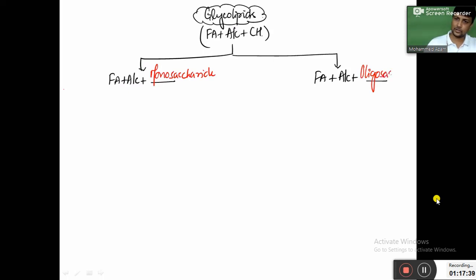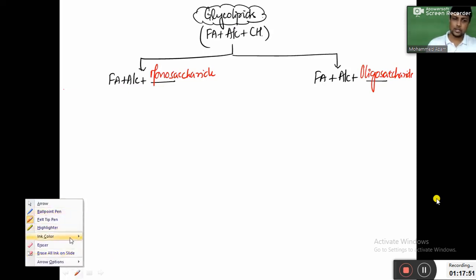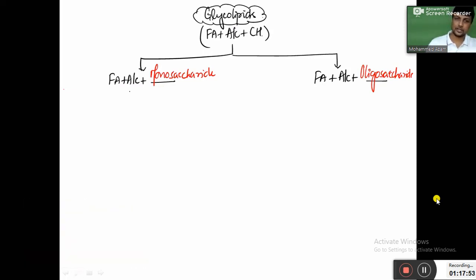Sometimes the carbohydrate will be monosaccharide, and sometimes the carbohydrate will be oligosaccharide. I think you have been learning this from your school days. Monosaccharide, disaccharide, polysaccharide, oligosaccharides and all. And now if the carbohydrate is monosaccharide, the name of this one will be cerebrosides.